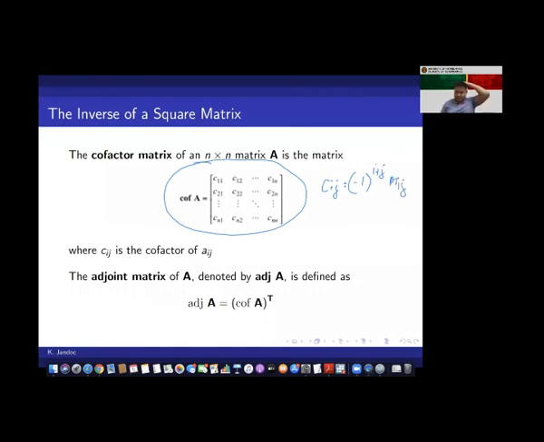Each entry is computed this way. So this matrix is called the cofactor matrix of A, and it has the same dimension as the matrix A, because it's associated with each of the entries in matrix A.